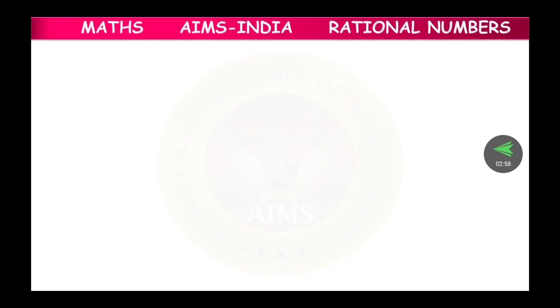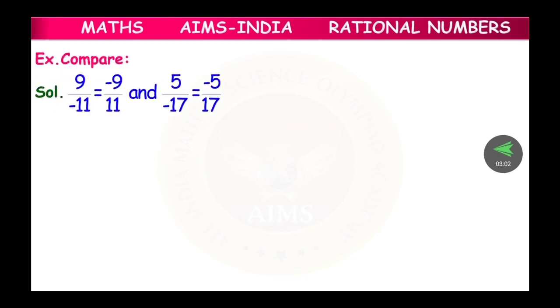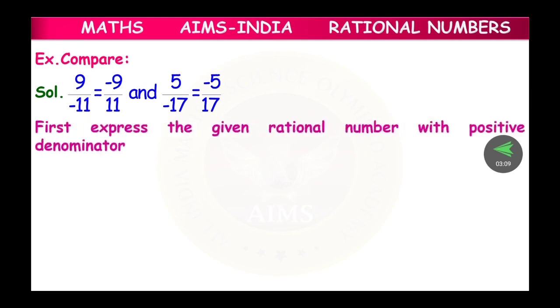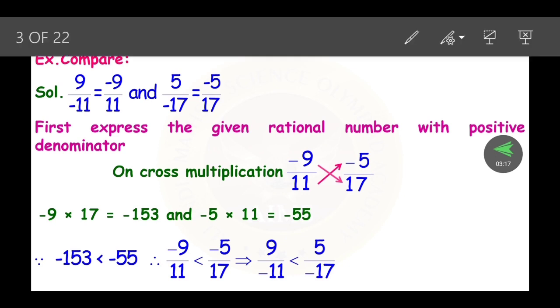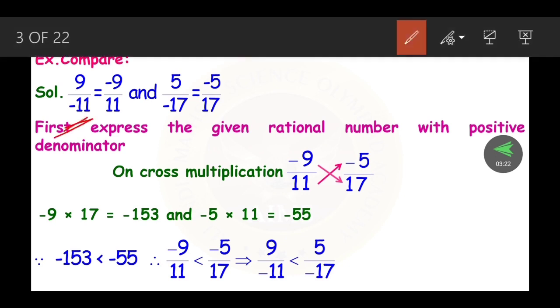Next, for example, suppose we have 9 by minus 11 and 5 by minus 17. In this problem they have given one fraction, 9 by minus 11, and another fraction, 5 by minus 17.